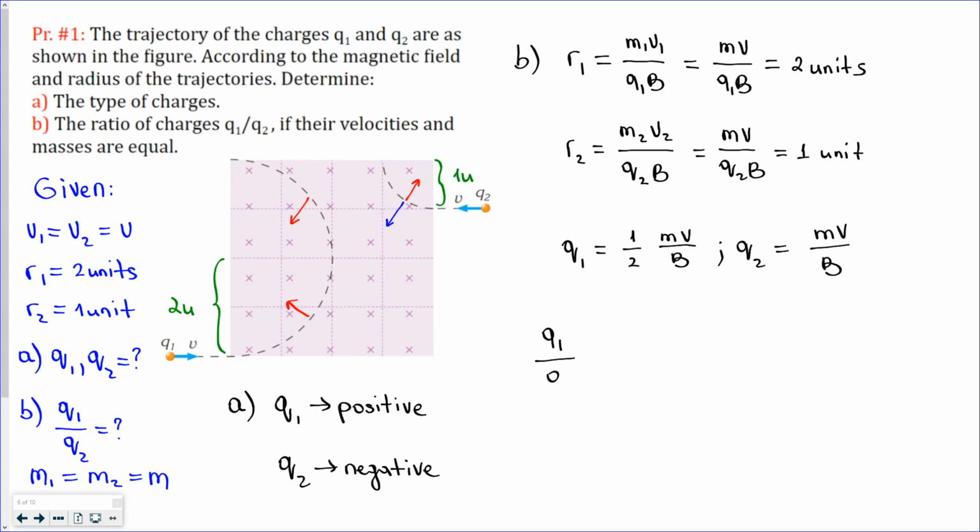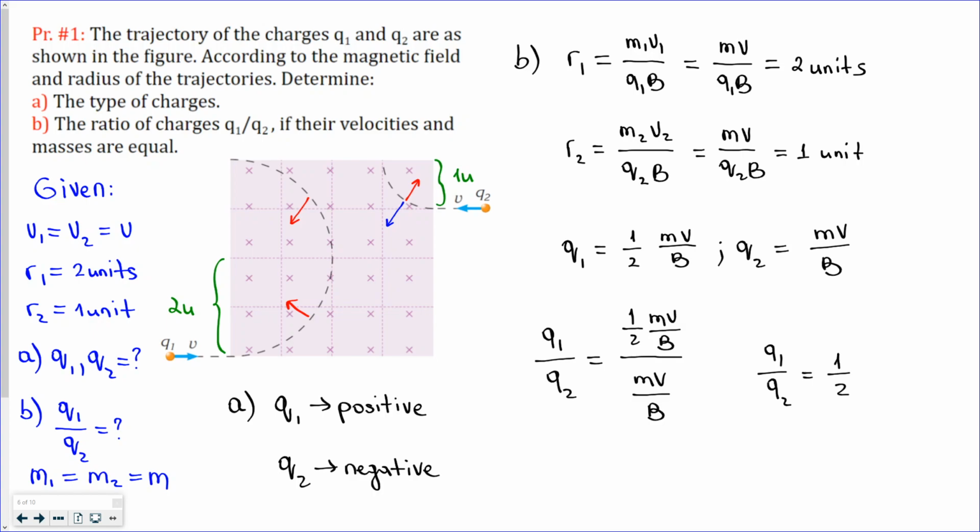Q1 over Q2 is equal to 1 over 2 times mv over B, divided by mv over B. So the mv over B will cancel each other, and we have the final answer. It's 1 over 2, 0.5.